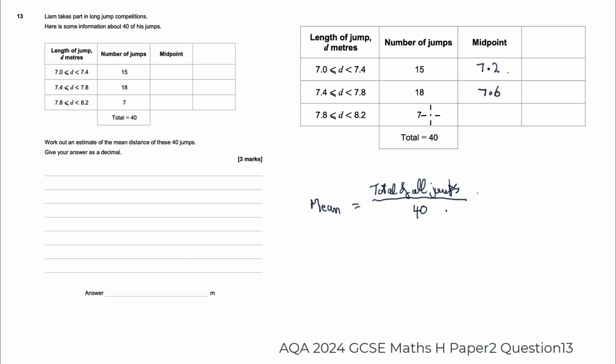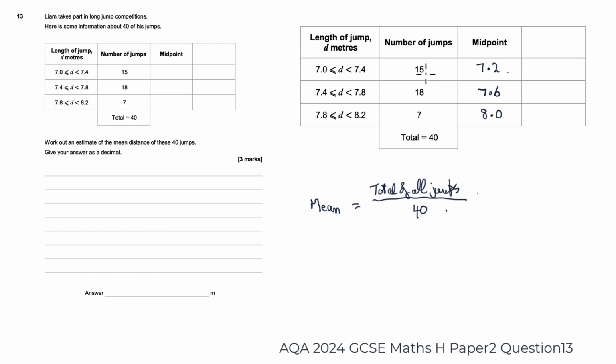Finally, these 7 jumps were between 7.8 and 8.2. We'll assume they were all 8.0, halfway between these two limits. So 8.0. Now, if we're asked to find the total of all the jumps, what we can do is take all 15 of these, that's the number of jumps, at 7.2, add them all up.